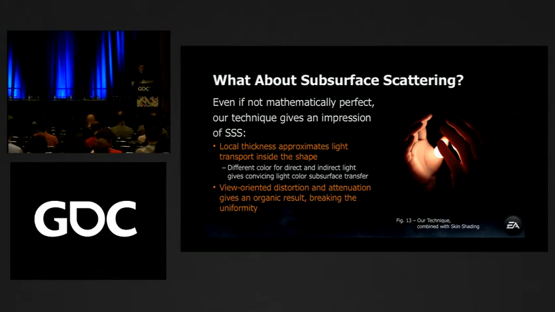So while our technique is far from being mathematically correct in terms of approximating subsurface scattering, and this is why I mentioned this, what about subsurface scattering? Well, we still get a nice light transfer effect because our local thickness texture is not limited to grayscale values like we saw for the previous statue. You can actually color this.